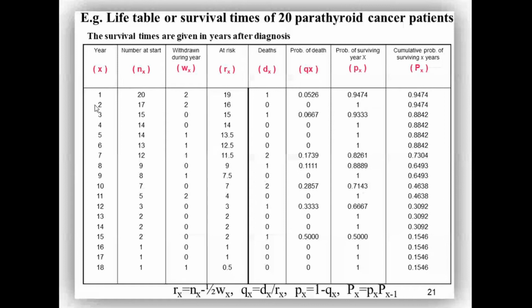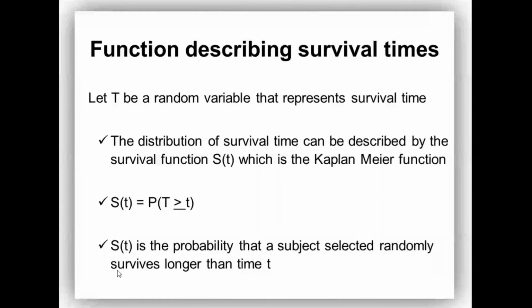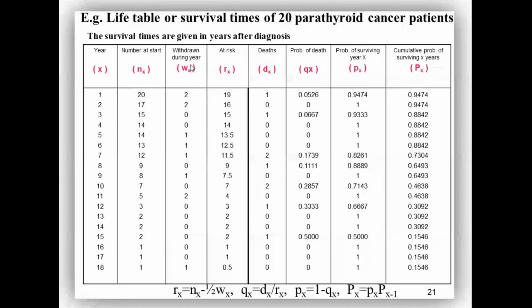At year 3, we are left with only 15 individuals, etc. At year 18, we have 1 individual. Then withdrawn during year x: these are lost to follow-up. For example, in year 1 there were 20 individuals, of whom 2 were lost to follow-up.